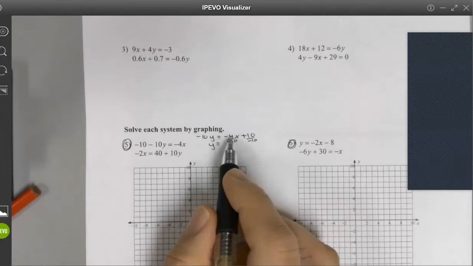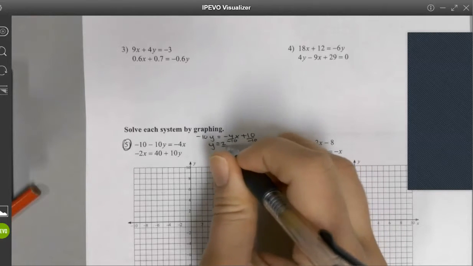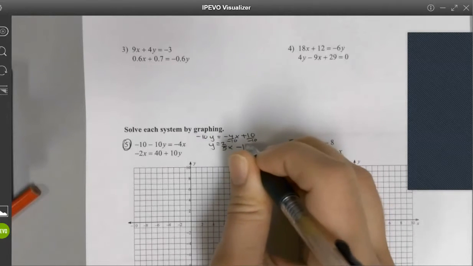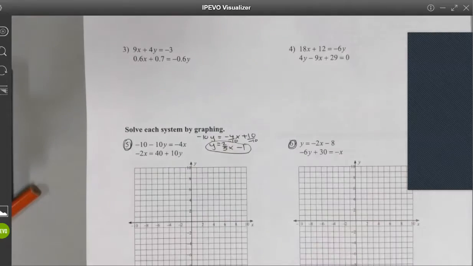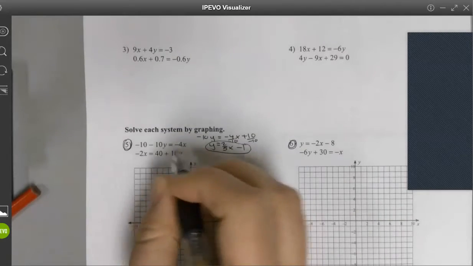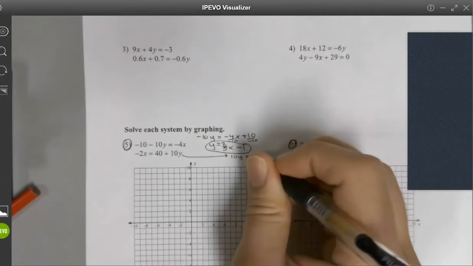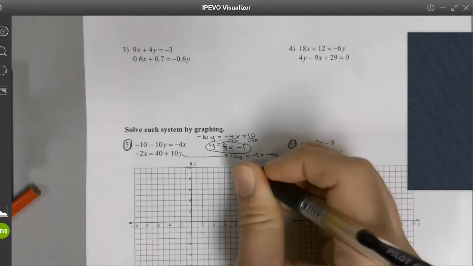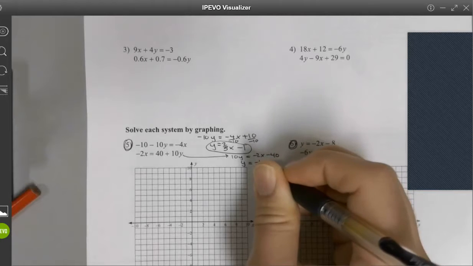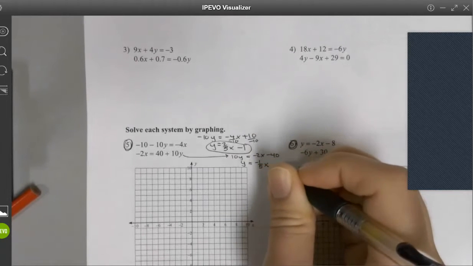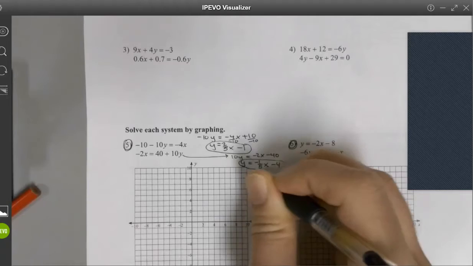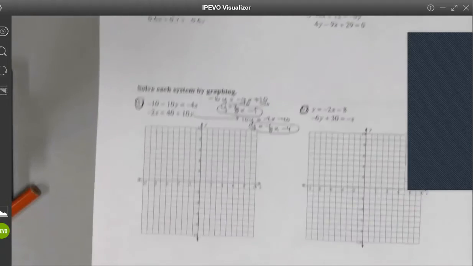Reducing that fraction, negative over a negative is a positive 2/5 x minus 1. So here's one line that I'm going to graph. My other line, 10y, if I subtract 40 over and then divide by 10, gives me negative 1/5 x minus 4.